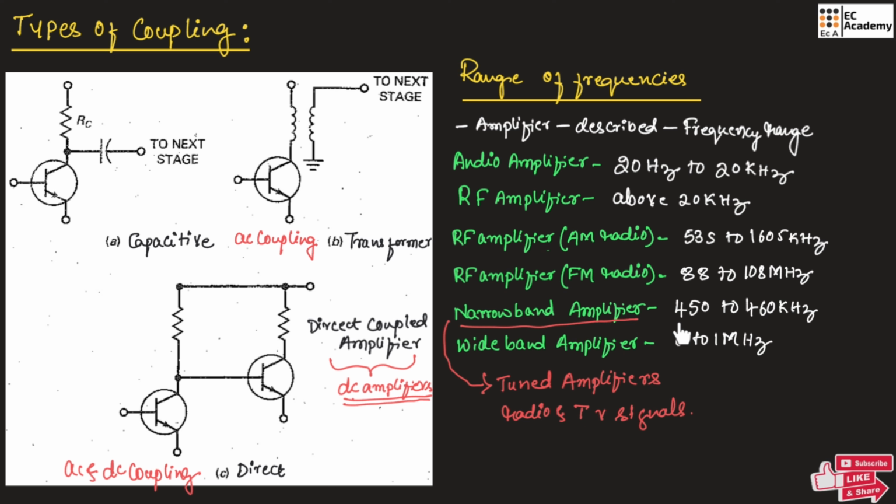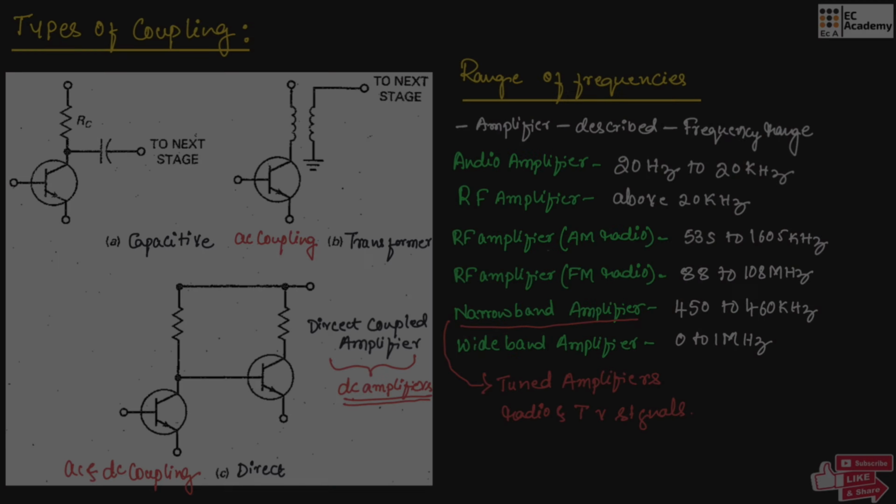Narrowband amplifier operates between 450 kHz to 460 kHz, and wideband amplifier operates from 0 to 1 MHz. These narrowband amplifiers are usually the tuned amplifiers that are used in radio and television channels to receive the signals.